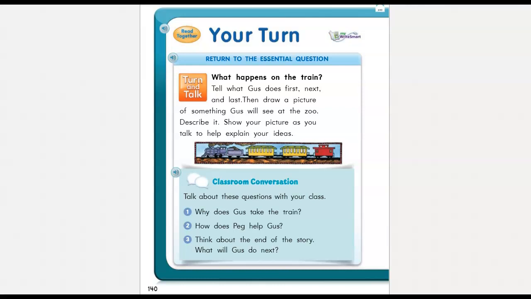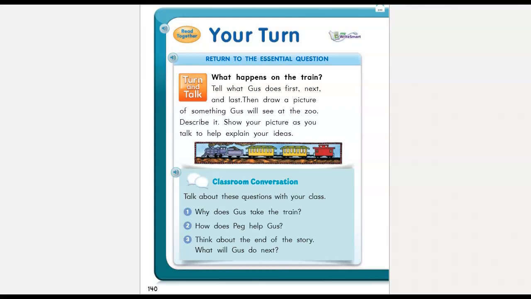We saw in the beginning of the story that Gus had a bag with him and he was running to the train at the train station. We also saw at the end of the story that the train dropped him off near the zoo. We could say that maybe Gus was taking the train to go to the zoo.